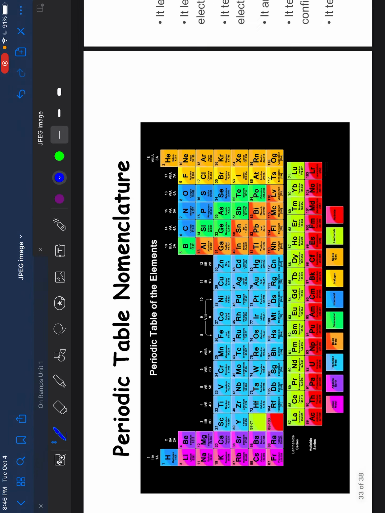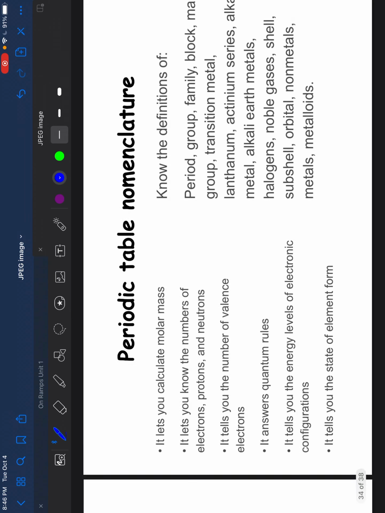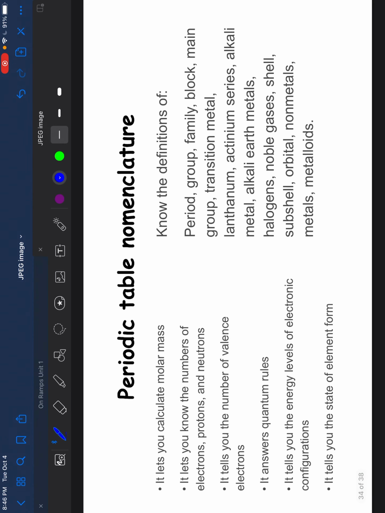Just make sure you keep on going over periodic nomenclature. You should know your groups, your families, your blocks. Groups and families are both the columns. Blocks are S, P, D, and F, which we're focusing on in this unit.